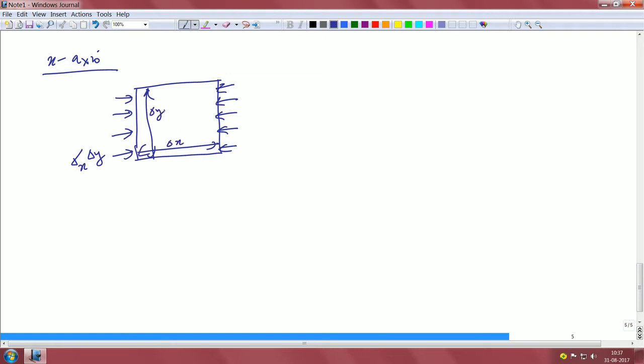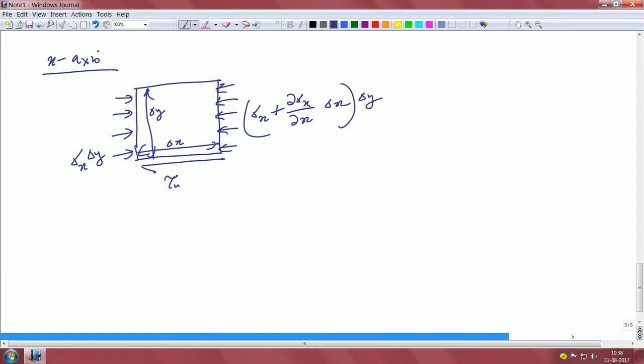Similarly, on this side of the face, once again using that same Taylor series expansion analogy, you will get this. I am not going through the details, it will be sigma at x plus delta x, and when you expand it you will get this particular form. So, the 2 faces in the x direction have the normal stresses. Then what other form of stress do you have? You have the shear stress.